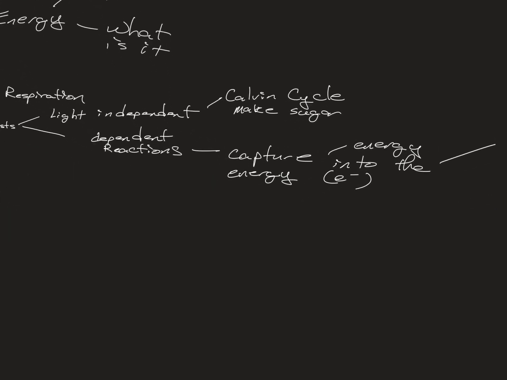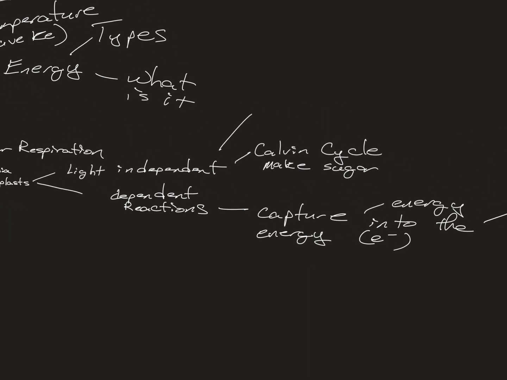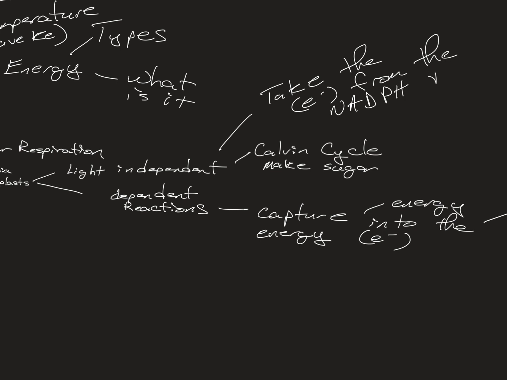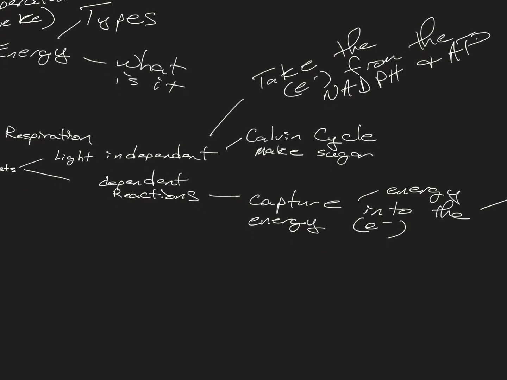The light independent reactions also take the electrons from the NADPH and ATP from the light reactions, the light dependent reactions, to make sugar.